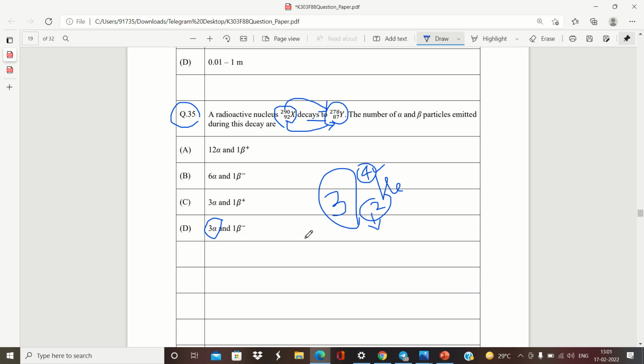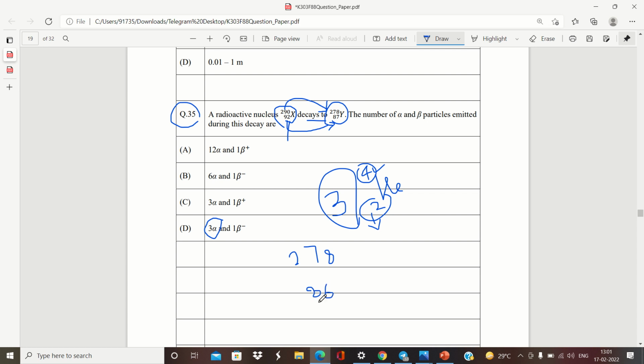So it will be 86. So in place of 290 we will have 278, and in place of 92 we will have 86 after removal of 3 alpha particles.